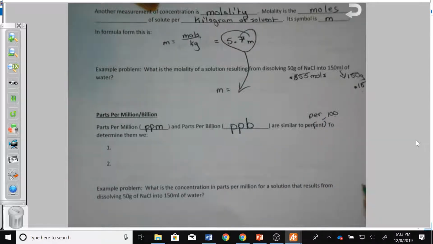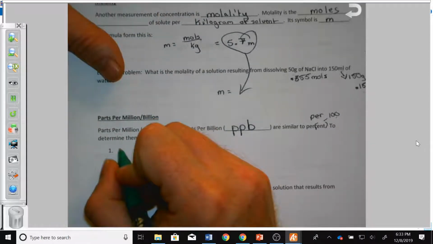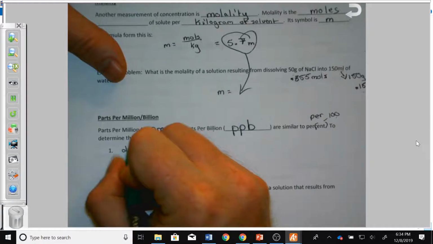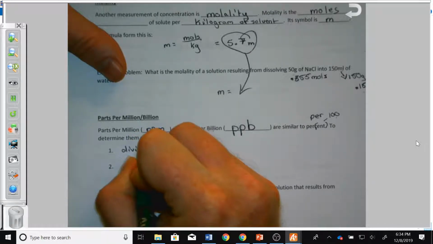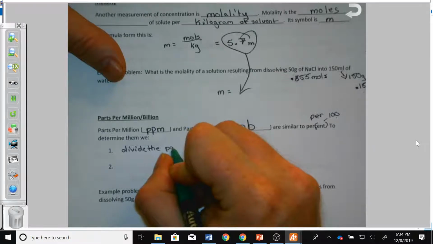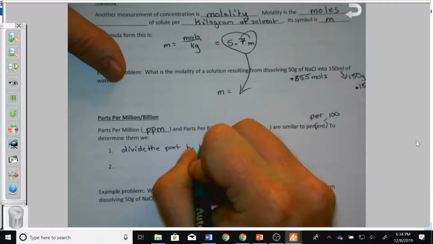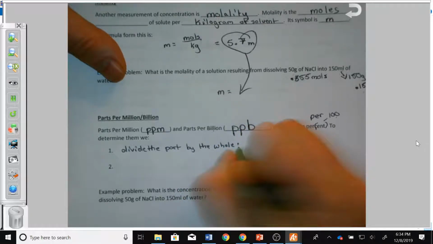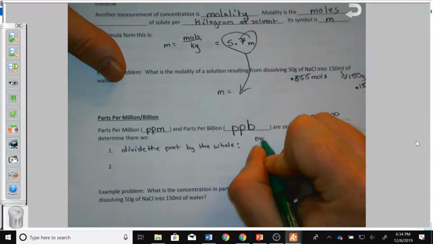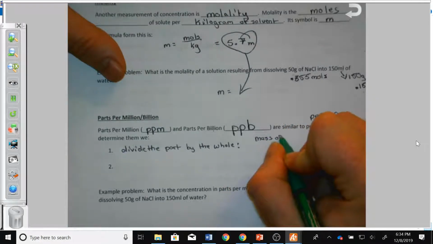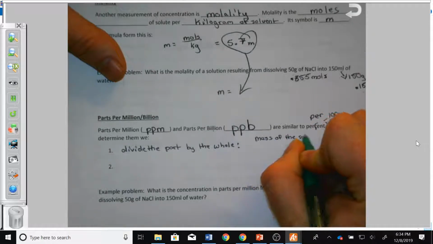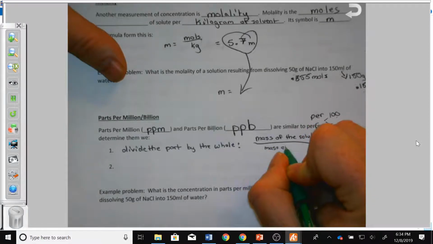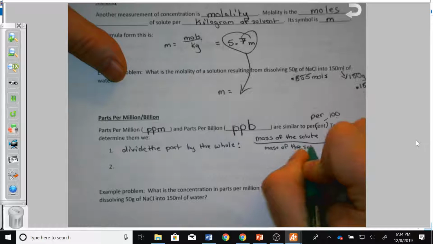So to determine them, what we do is the same thing we do for any percent, where we divide the part by the whole. In this case, the part being the mass of the solute, and the whole is the mass of the solution.